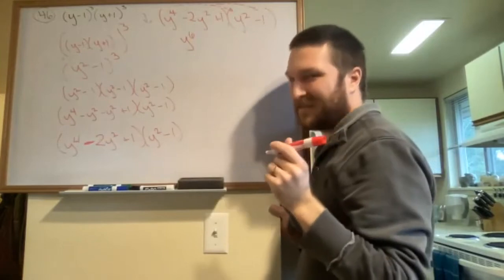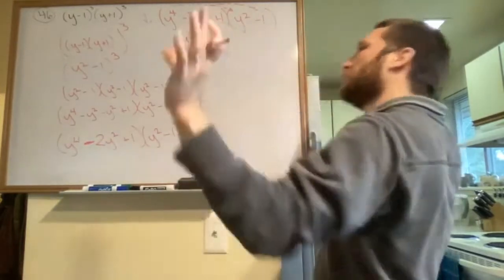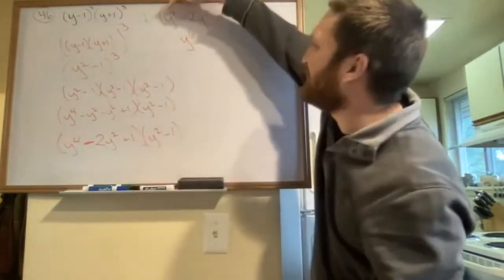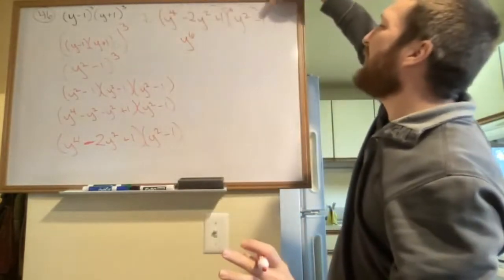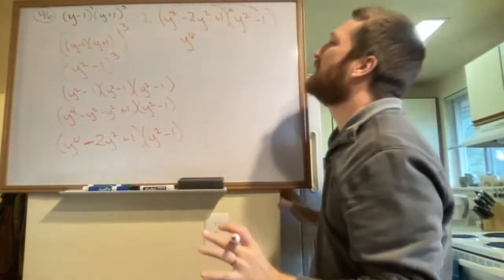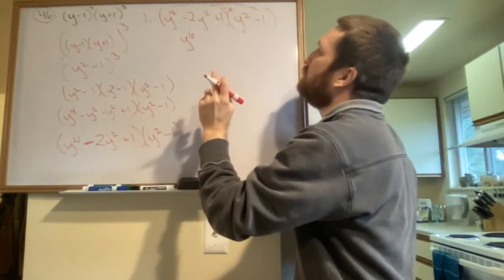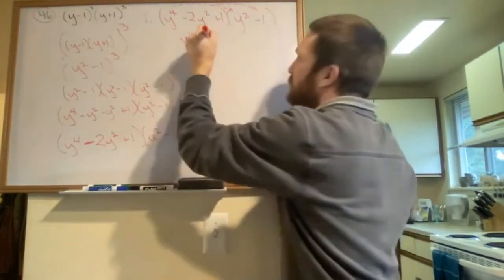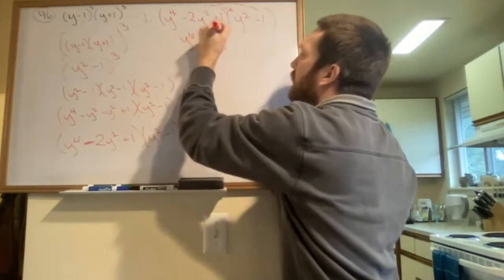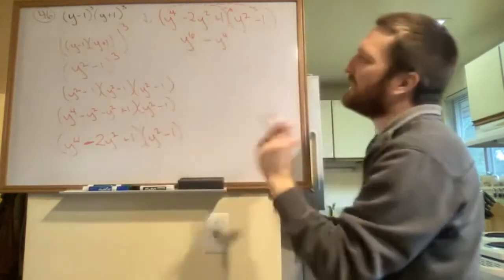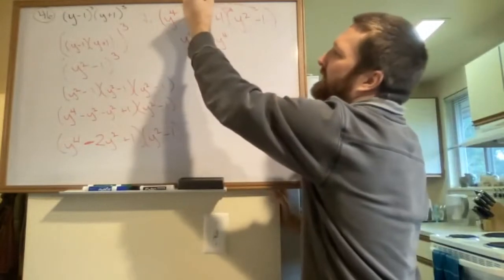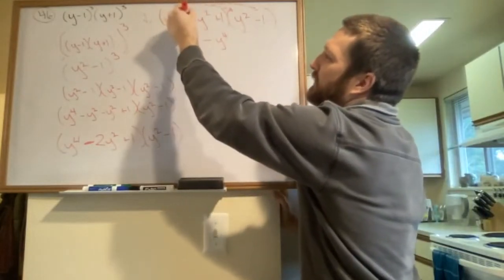There's a couple other things you did. Okay, so y to the 4th times -1 is what? Minus y to the 4th. Now this second one. I'm going to take this second one and distribute it in.